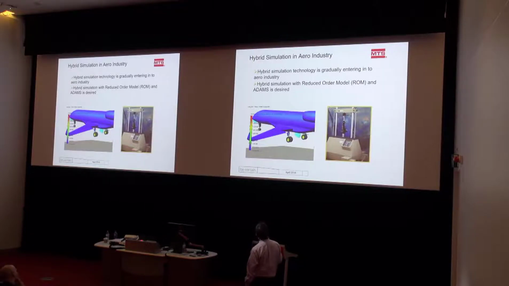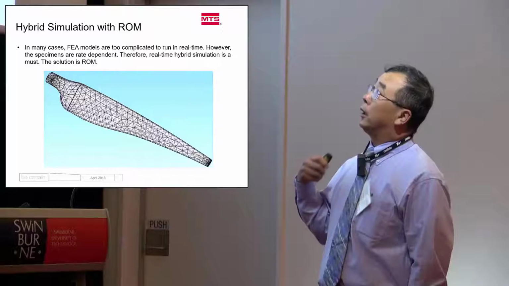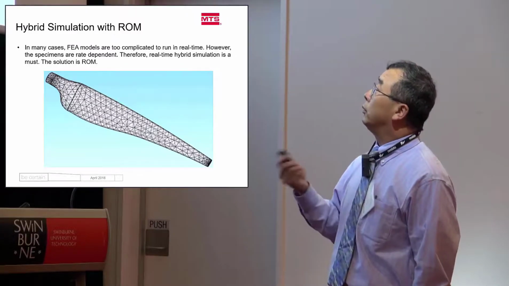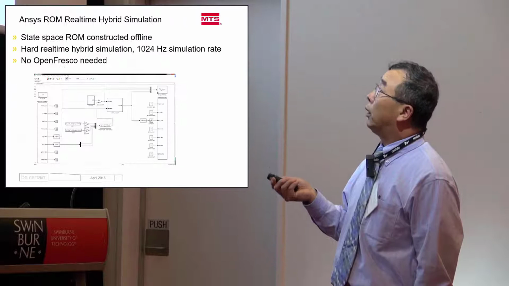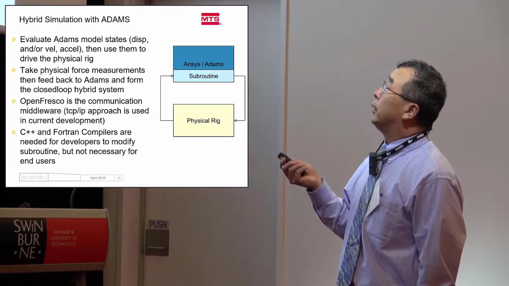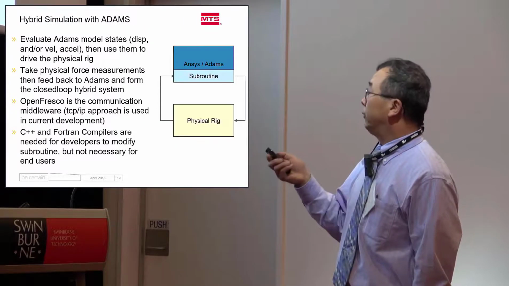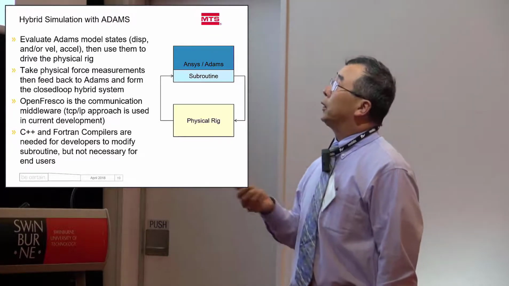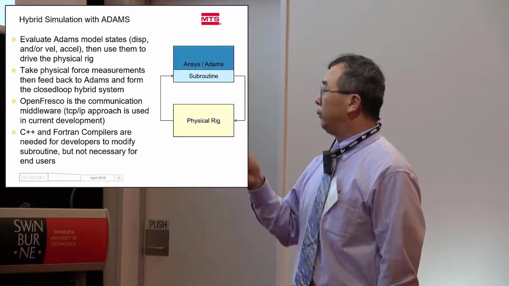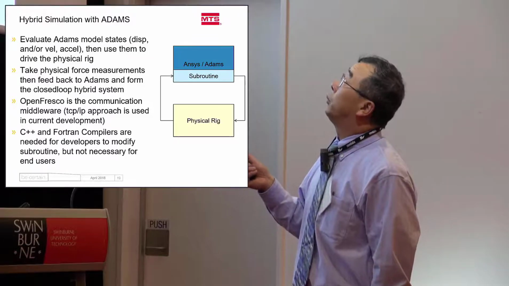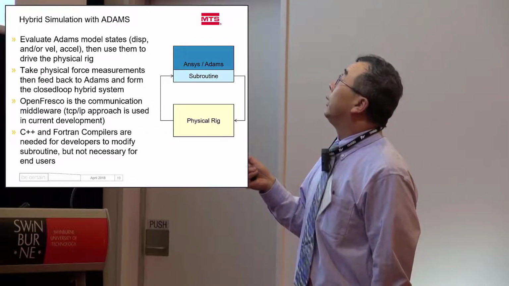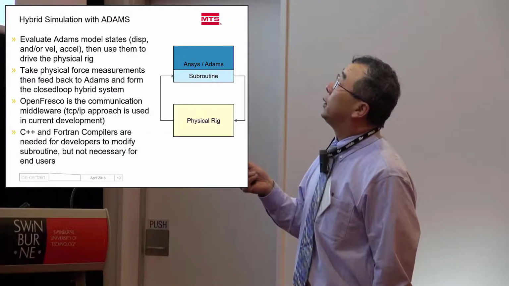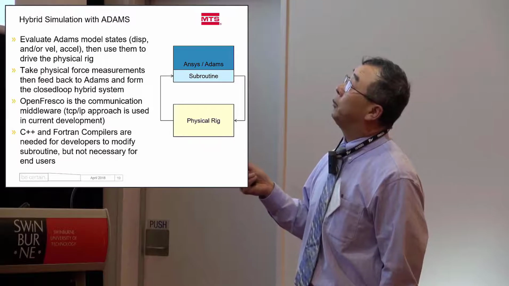can be done, and in aerospace a lot of times the models are very complicated. Like Shawn You mentioned, we could use a reduced order model so that the model can be solved in real time. And in ground vehicles and aerospace, a lot of times people use software called Adams, so we want to use Adams to do this real-time hybrid simulation.